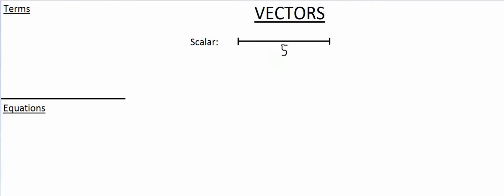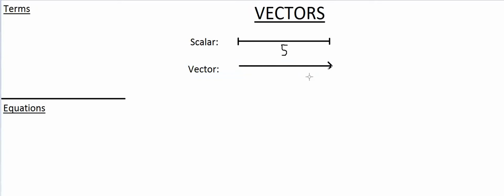A vector is different from a scalar in that it not only has magnitude, it also has a direction. Basically this is what a vector will look like. You have a line, and you have a direction, where the vector is pointing.